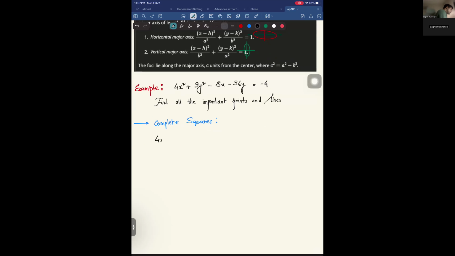Notice that the equation is 4x squared, I'm rearranging a little bit, plus 9y squared minus 36y equals -4.